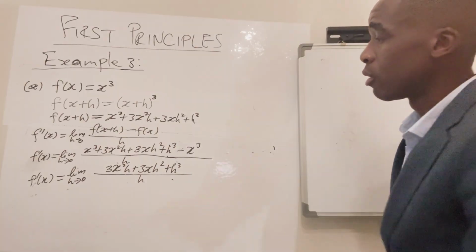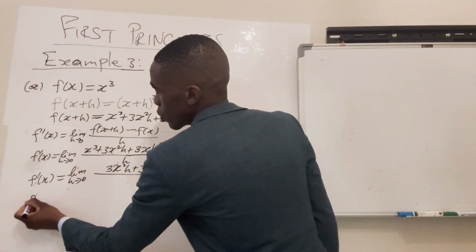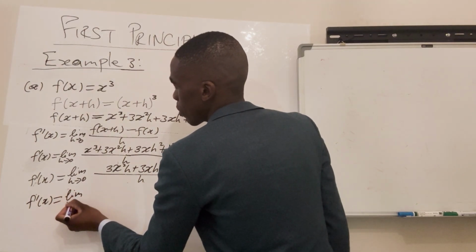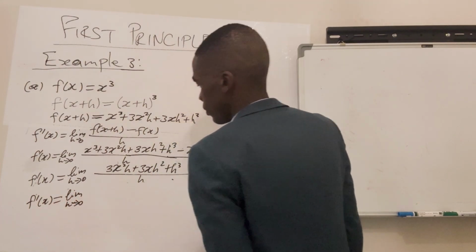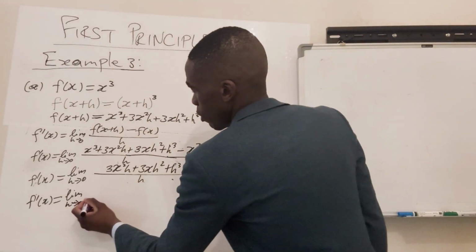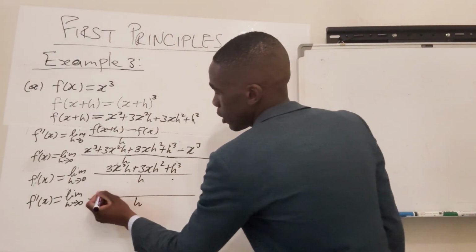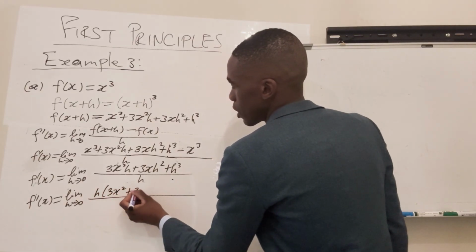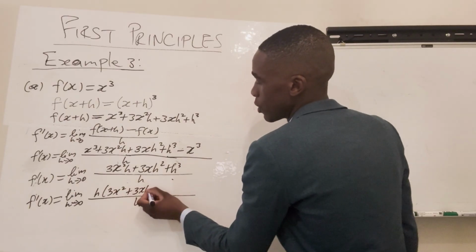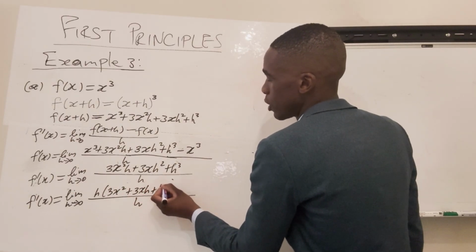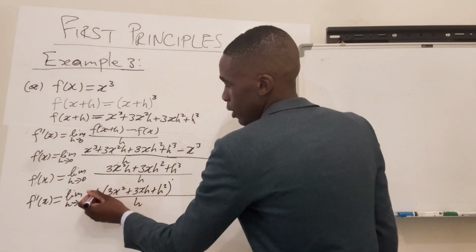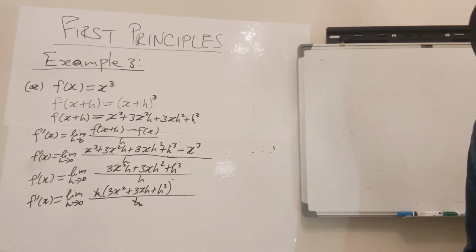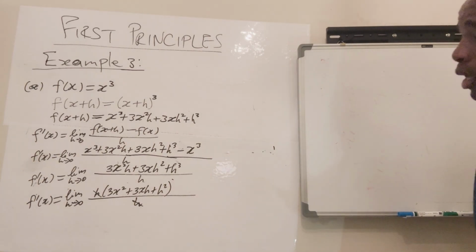Are we together? From here, f prime of x is equal to the limit, ladies and gentlemen, as h approaches 0, of all over h is going to be h into 3x squared plus 3xh plus h squared. When you took out the h, it's still there. Are we together? Then the h will get rid of the h.